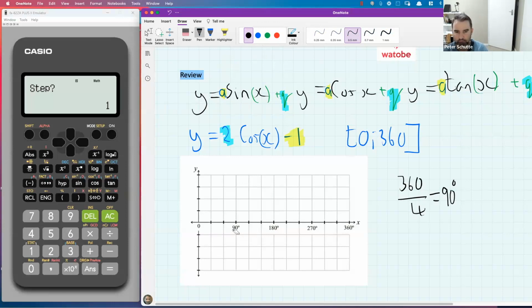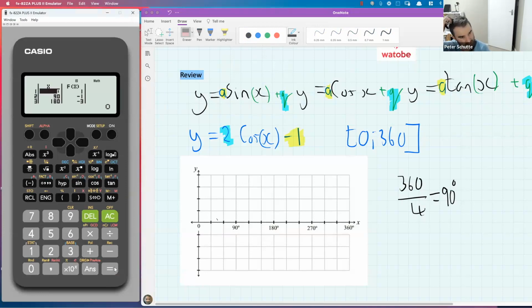And the reason it's like that is when we draw the sine and cos graph, we definitely draw them in 4 movements. It's kind of how we draw them. So let's put 90. And then we're going to go equals, and we get this table.